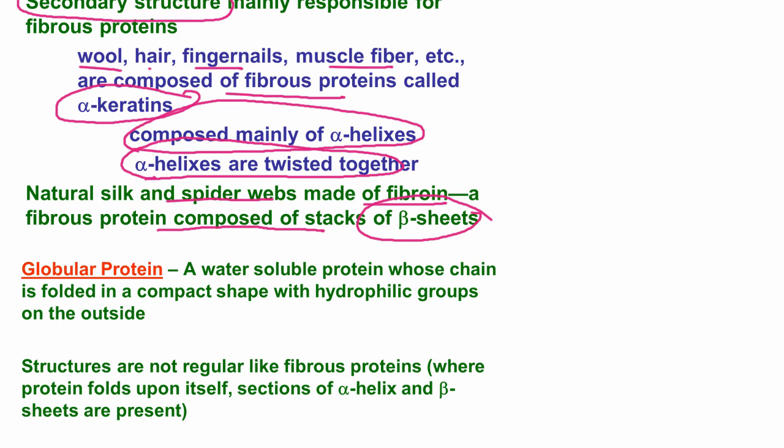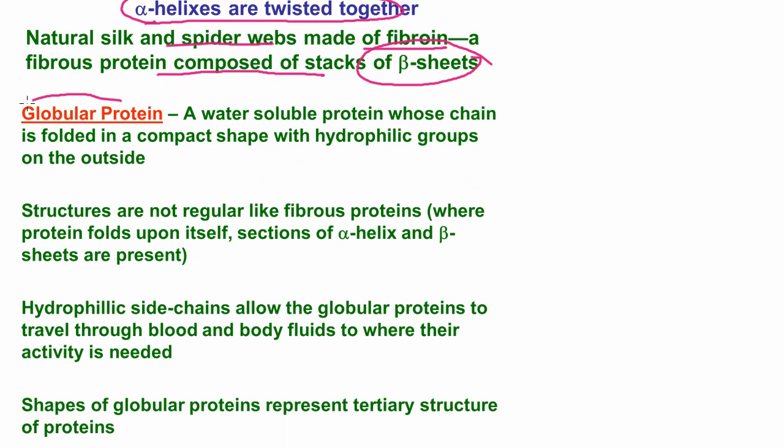The next type of protein is globular protein. So globular proteins are water-soluble proteins, and their chains fold in a very compact shape, and they fold in such a way that the hydrophilic groups are on the exterior. That's so they can travel through the aqueous body fluid. The structures are not as regular as the fibrous proteins are.